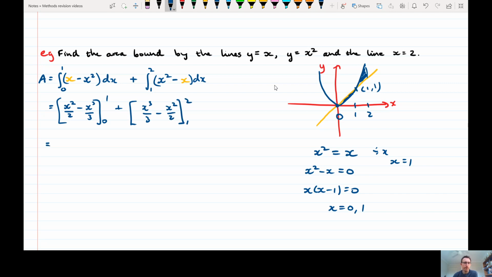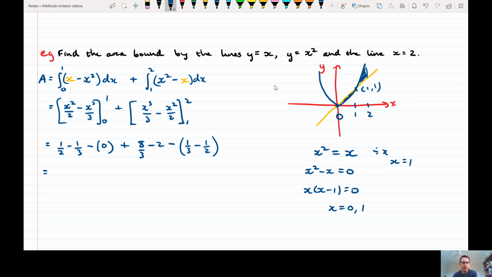We substitute our values in, so 1 goes in here, becomes 1 squared, which is 1 over 2, minus 1 cubed of 1 over 3, minus, put 0 in there, we get 0. 2 goes in, you get 2 cubed, which is 8 over 3, 2 squared, which is 4, 4 over 2 is 2, so minus 2, minus 1 goes in, you get 1 cubed, which is 1/3, when it's divided by 3, and you get 1 squared over 2 like that.